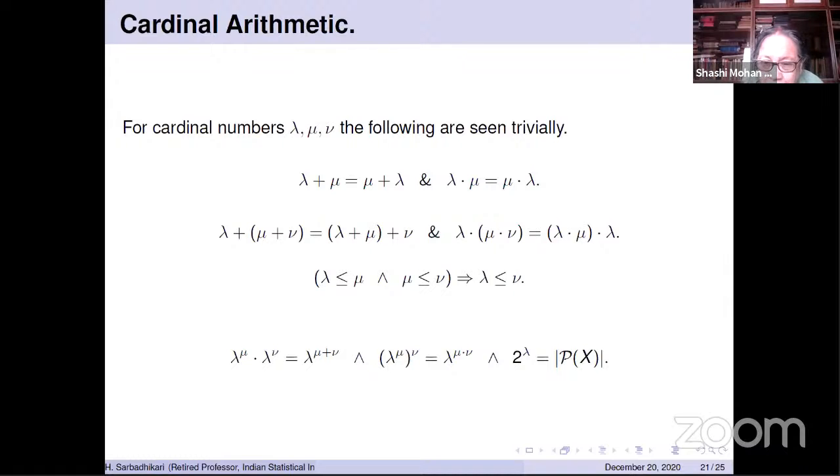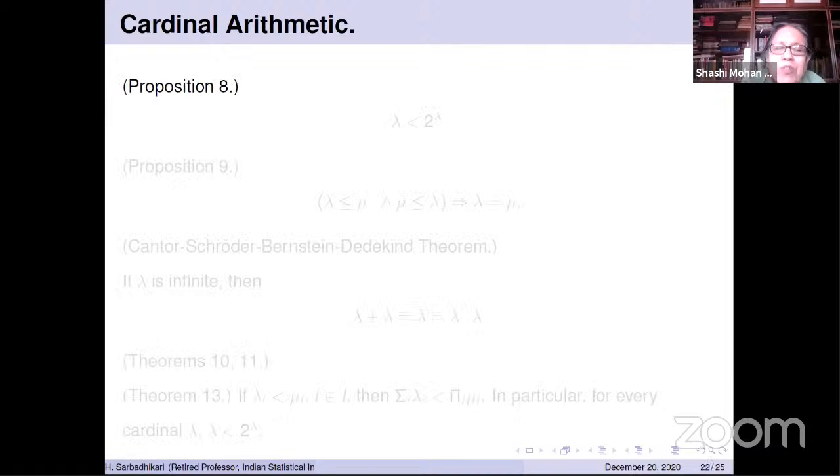There's a one-to-one match, so it is just the same. Okay, it was proposition 8. No, sorry, that was not proposition 8.